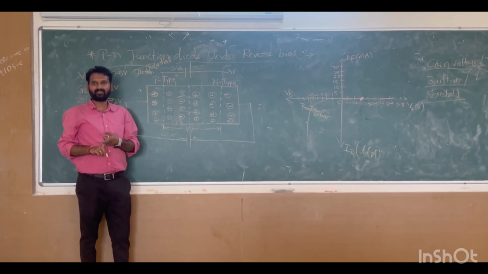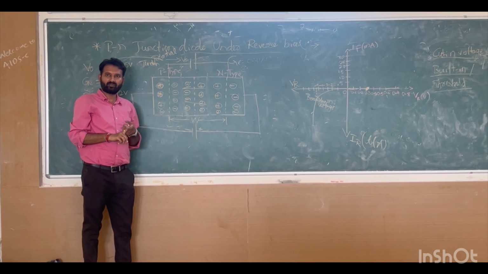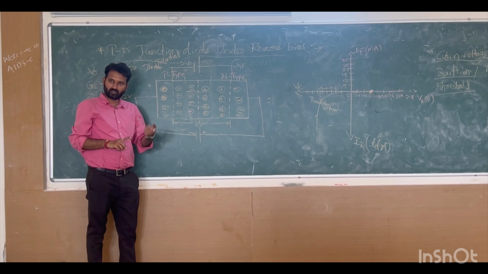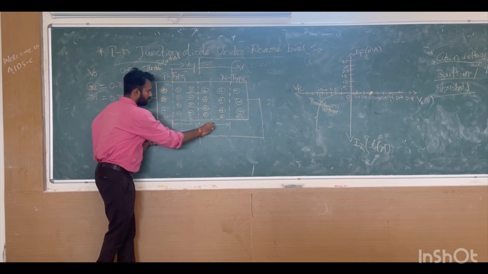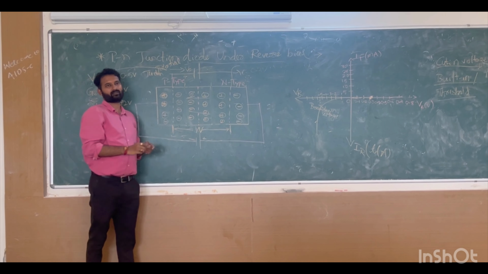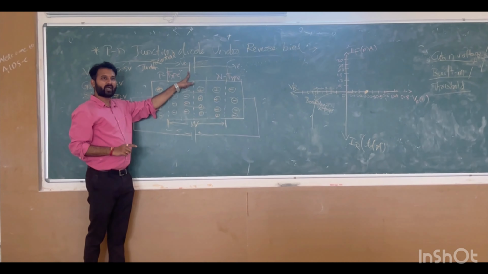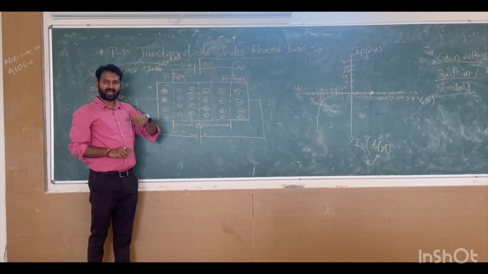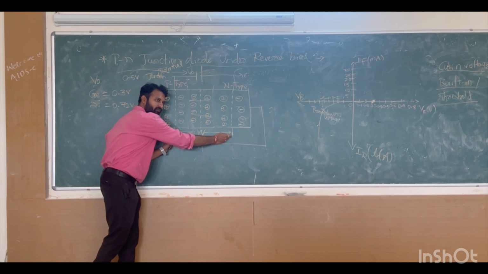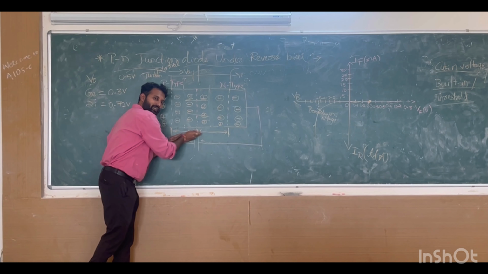Due to this, the internal potential barrier increases because of reverse bias, and this depletion width is also going to increase. What will happen? Internal potential barrier increases. Parallelly, this depletion width increases.